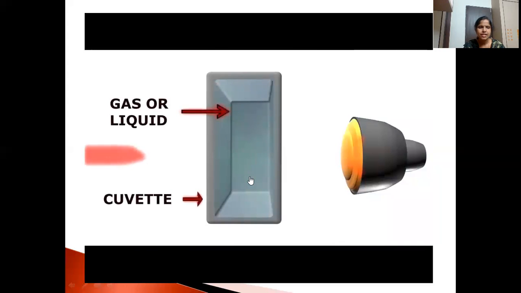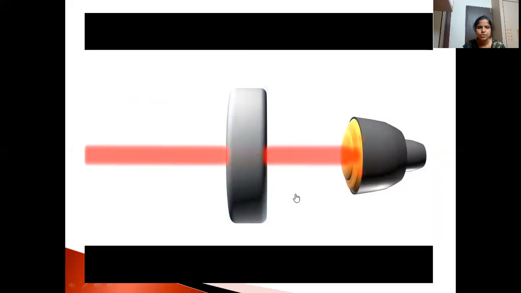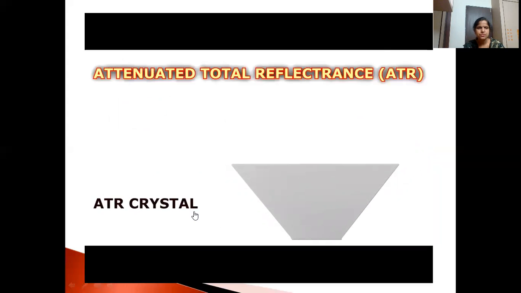When we have a gas or liquid as a sample, we can directly take it in a cuvette made of sodium chloride. The transmitted light falls on the detector and the spectrum is recorded. Or you can take it in the form of pellets which are transparent to IR radiation, or else we can use ATR crystals, where the sample can be loaded. ATR stands for attenuated total reflectance.